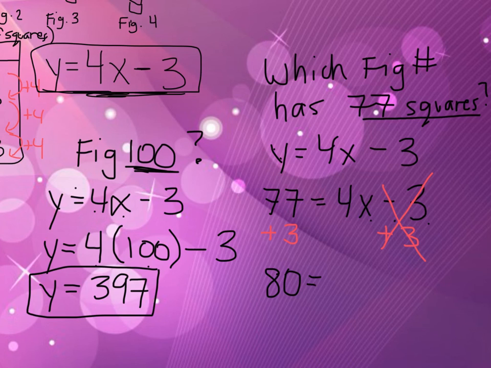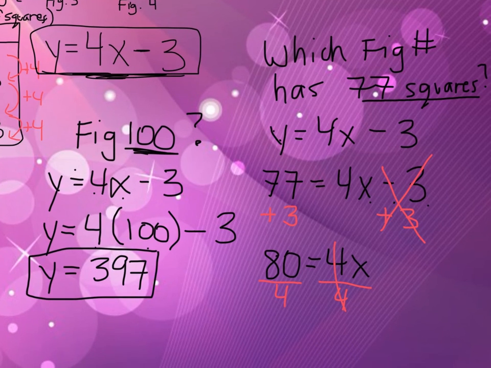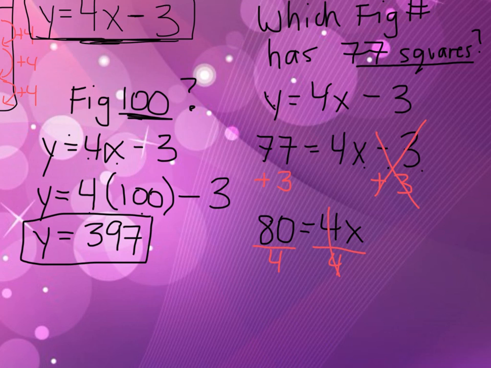So we know that 80 is equal to 4 times x. So 4 times something is equal to 80. To figure that out, all I need to do is divide by 4, which cancels those out. And 80 divided by 4 is 20. So 20 equals x. So that means figure number 20 would have 77 squares.